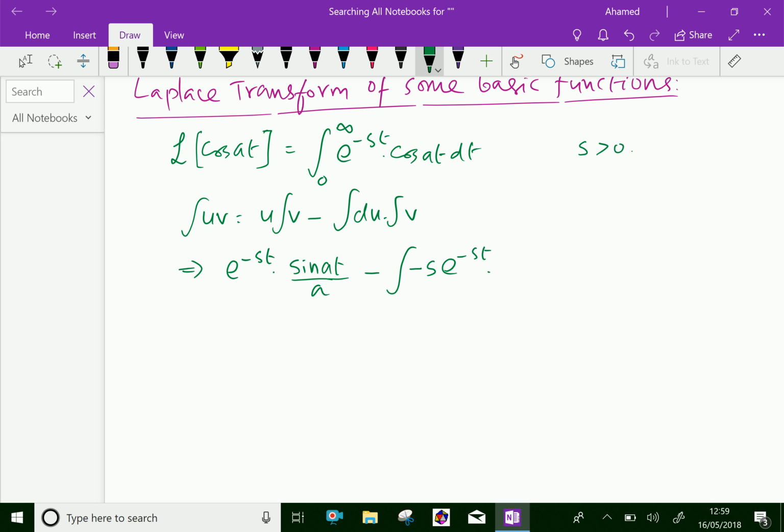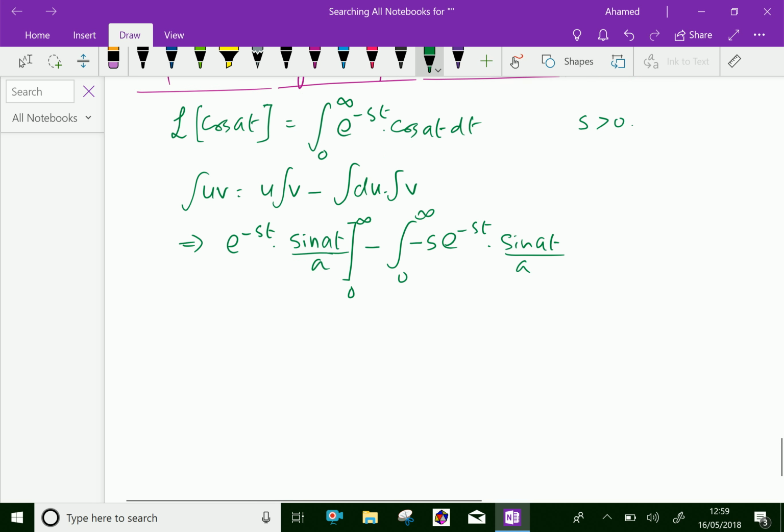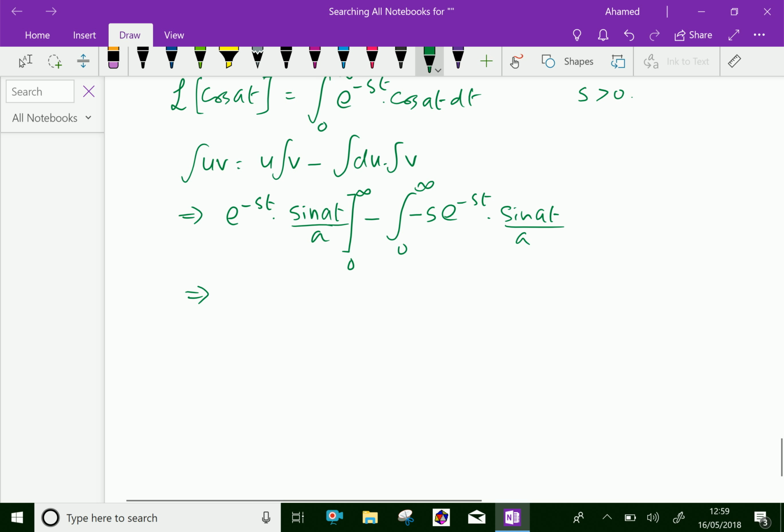into integral of cos at, which is sine at over a. Here 0 to infinity. Now if you substitute infinity for the value of t, it becomes e power minus s into infinity, that is e power minus infinity.